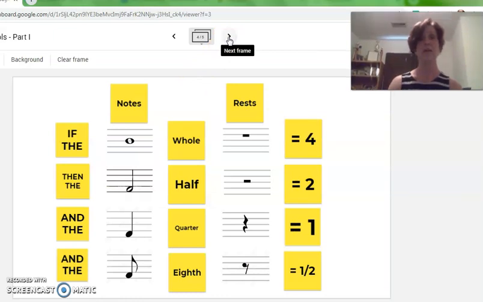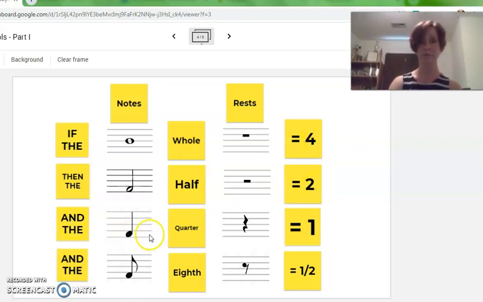On this screen, we have a breakdown of 4 different types of notes and their silent twin, the rests. So in this first part here, if the whole note or the whole rest equals 4, then the half note or half rest will equal 2, because half of 4 is 2.